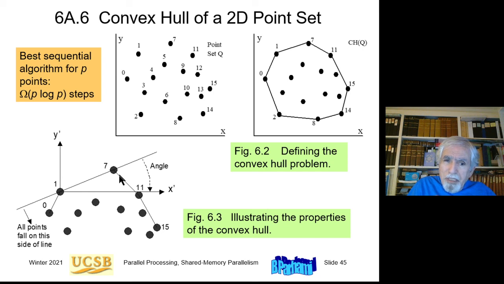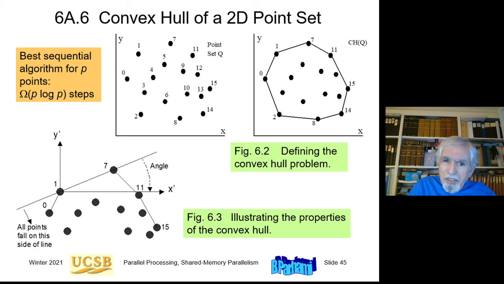Another property is that if you draw this line that belongs to the convex hull and draw from this point to another point, let's say to point 11, this angle is always in the same direction.